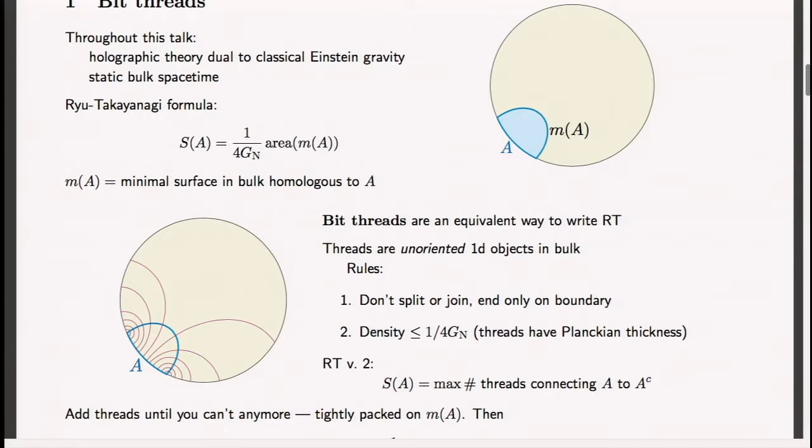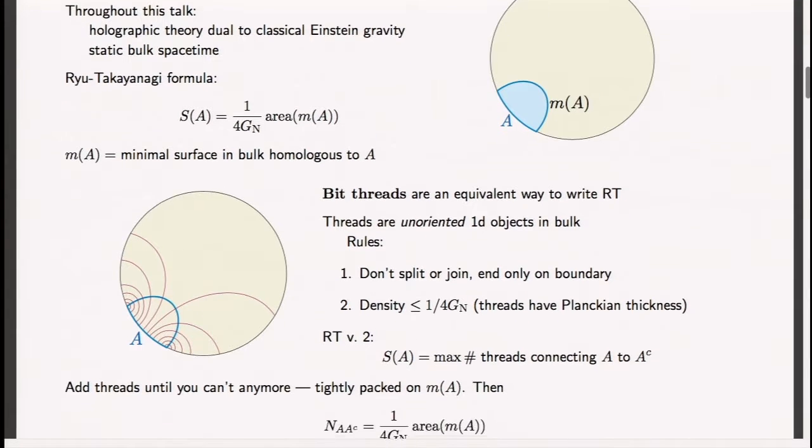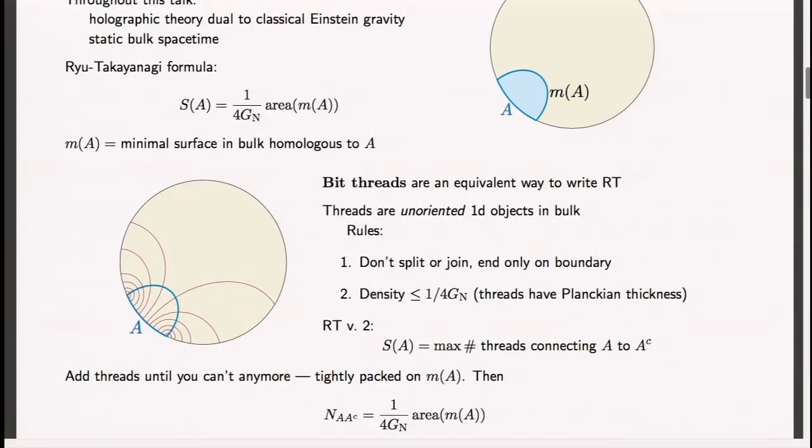You put as many threads as you can connecting A to its complement until you can't anymore. And why can't you anymore? You can't anymore because somewhere you're saturating this bound, okay? And where are you saturating this bound? You're saturating this bound on the minimal area surface. Okay, and that's why it happens that the maximum number connecting A to its complement is equal to the area in Planck units of that minimal surface.